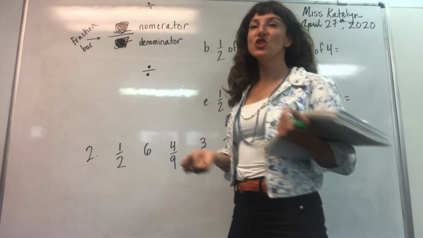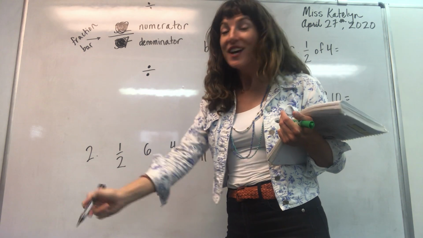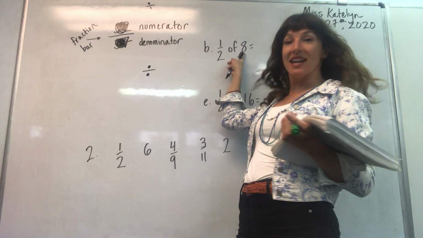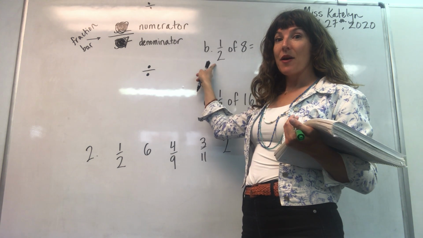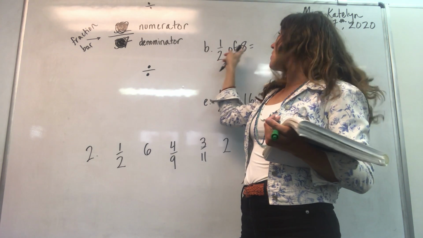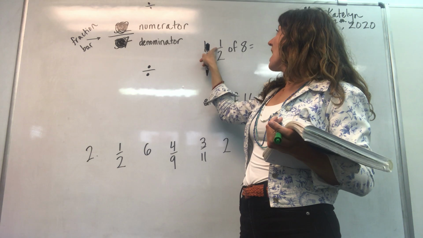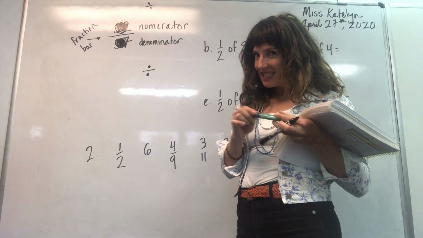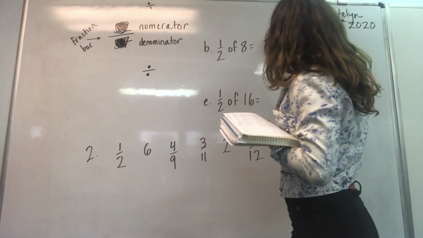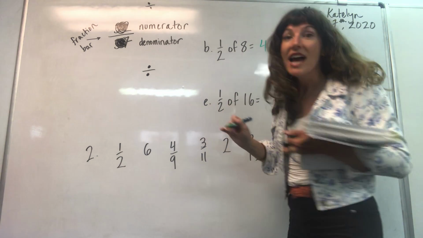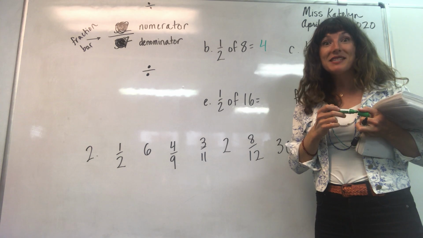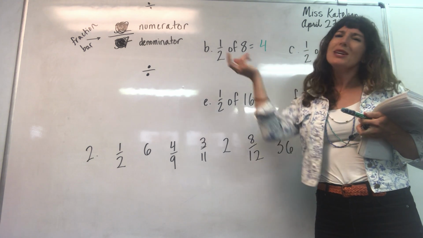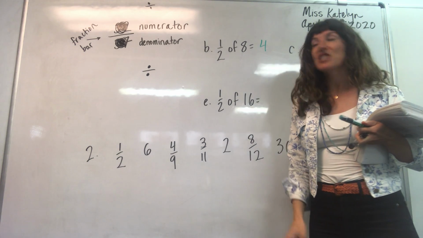So when we need to do 1/2 of a number, that means we are going to divide that number by our denominator. 8 divided by 2 is 4. That's why you need to know your times table. If you can do your times table in your head, you can do all of these problems in a flash, okay?